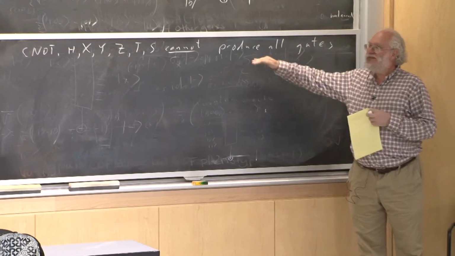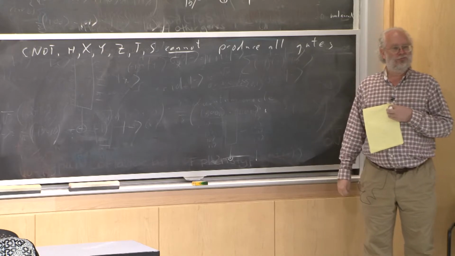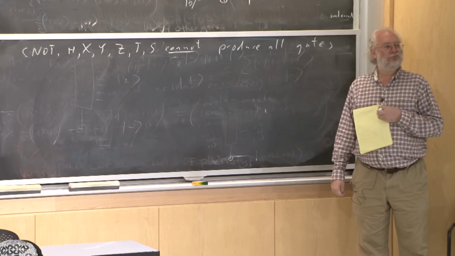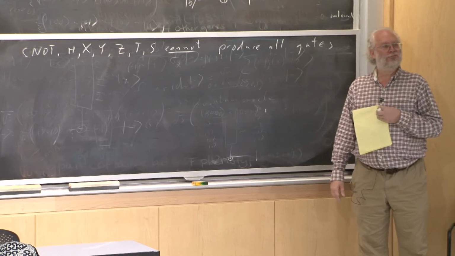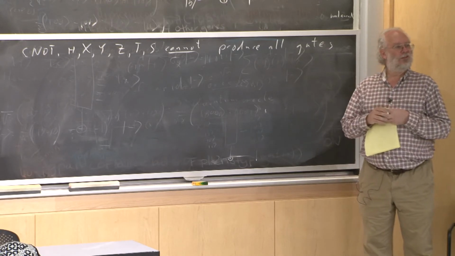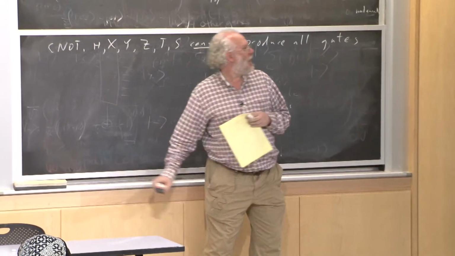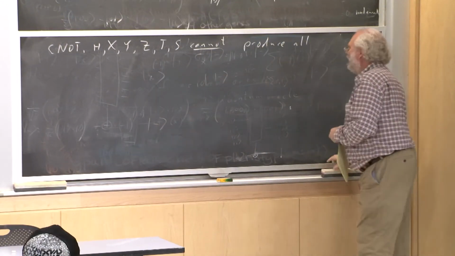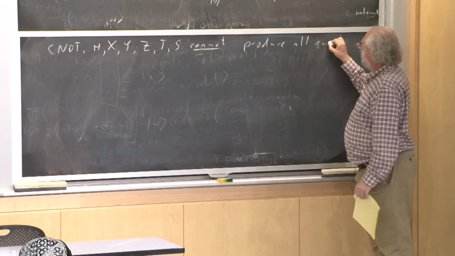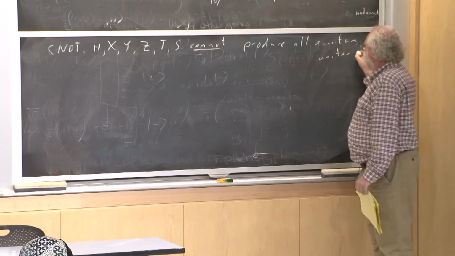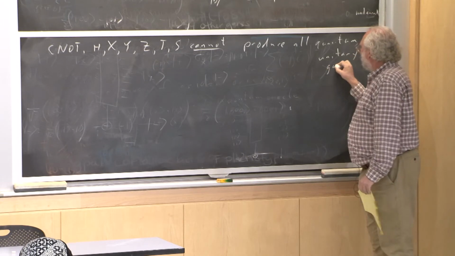Can anyone give a reason why this is true? Produce all quantum unitary gates.